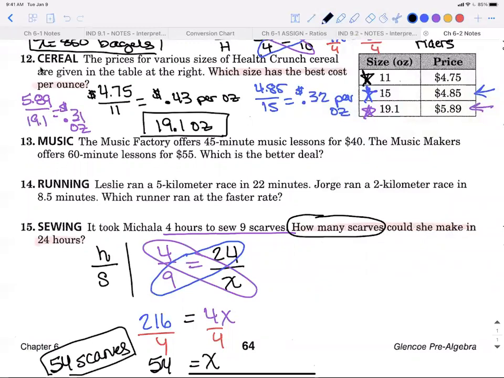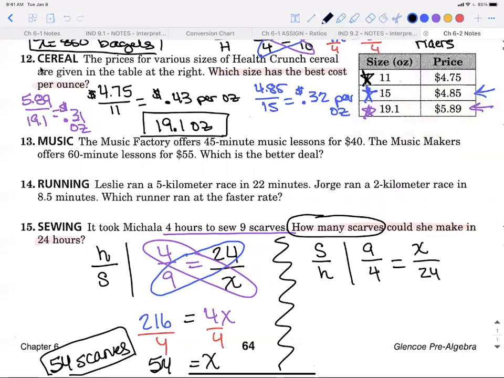Now I want to answer Gage's question because that was a very good question. Okay, let's say I decided to do S over H, right? I just went with the other way on my fraction. Let me show you why you're going to come out the same. 4 hours to sew 9 scarves. 9 scarves, 4 hours, right? My scarves are on top, my hours are on bottom, equals how many scarves, so my unknown is on top, can she make in 24 hours?